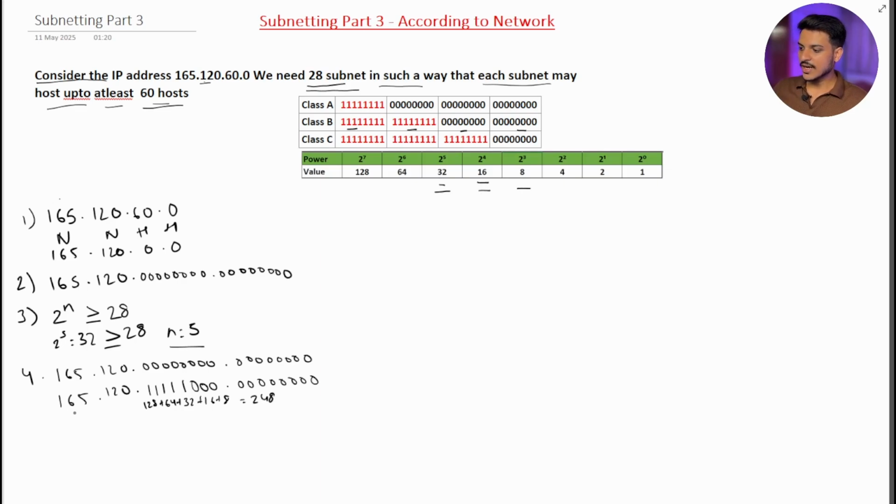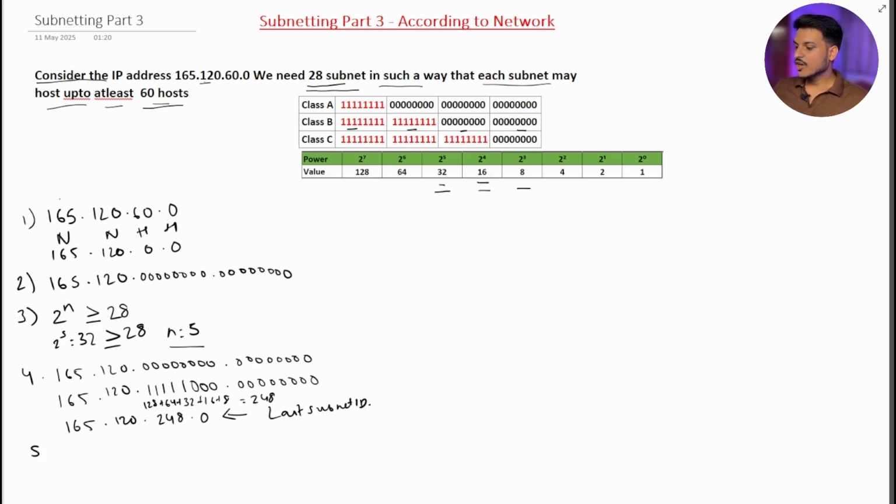So we need to write this value in decimal now. So it will be 165.120 dot, if we sum up all this, what we will get? 248.0. So this is the last subnet id.